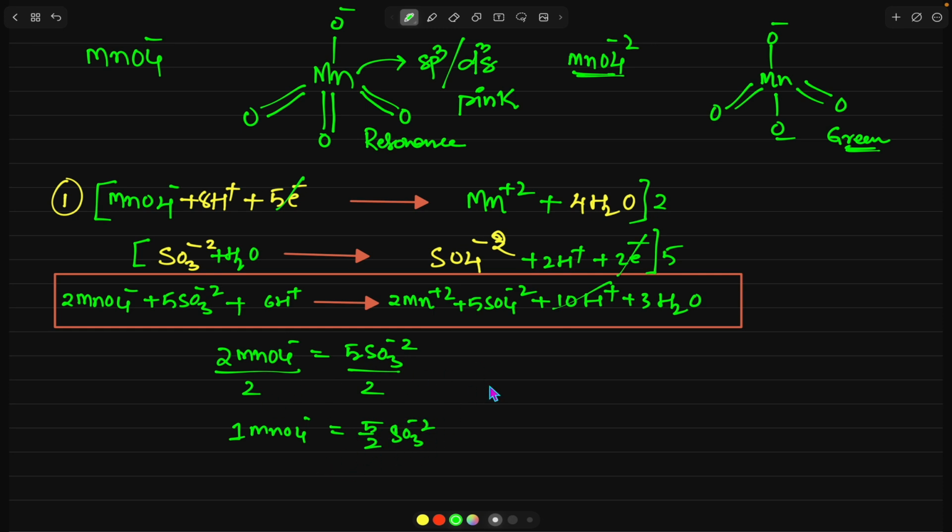Or if I divide both sides by 5, 1 mole of SO3 minus 2 is equal to 2 by 5 moles of MnO4 minus. So these types of questions are asked in the exam. So 1 mole MnO4 minus oxidizes how many moles of sulfite anions? These types of questions are asked.